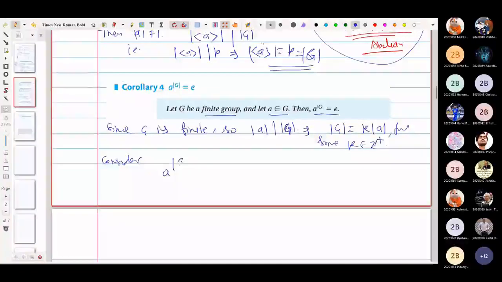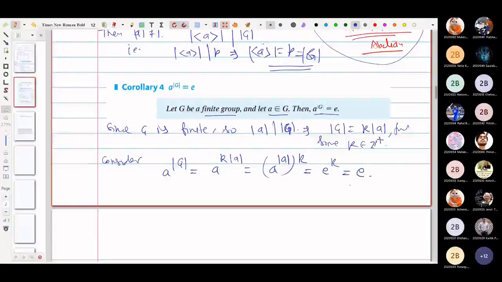Now we consider A raised to the power order of G. This is equal to A raised to the power k times order of A, which can be written as A to the power order of A, all raised to the power k. Since A to the power order of A is identity, we have identity.